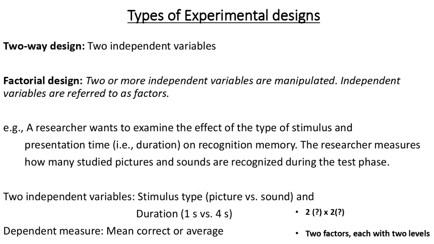Stimulus type, picture, sound, times 2, duration, 1 second, 4 seconds. So this shows you have 2 factors, and each factor has 2 levels.